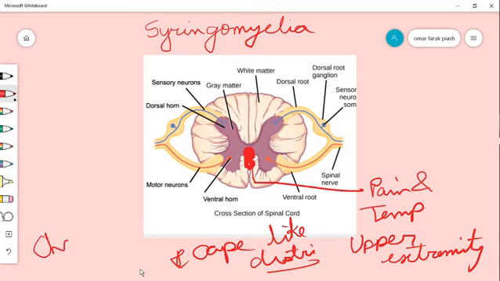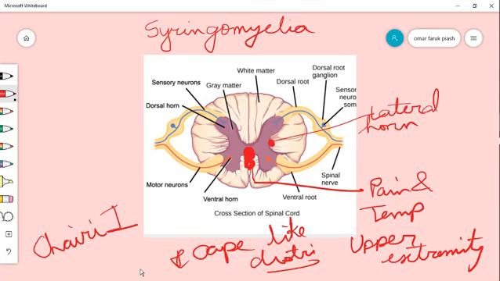In syringomyelia, sometimes the lateral horn is involved, and it leads to Horner syndrome.